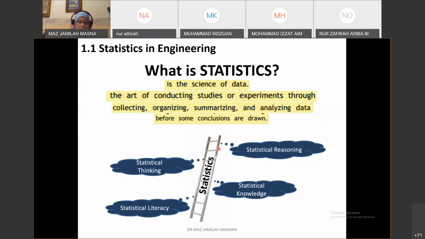Now what are the four concepts that you should develop within yourself? We begin with the lowest level, which is statistical literacy. What is statistical literacy? Literacy means celik, which means you can see.